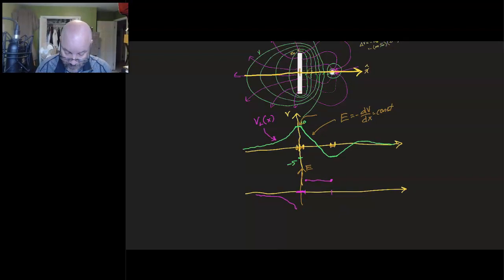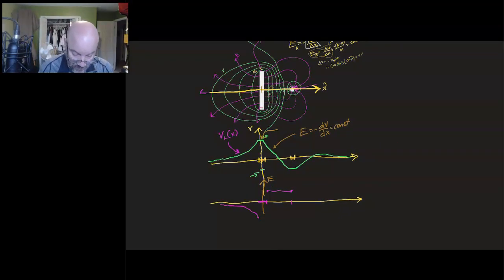Then on the right hand side, again, we don't actually have a function for this. We don't know what that is, but if we had it, we could take its derivative and we'd be good to go. We've got a positive slope there, which makes it negative.